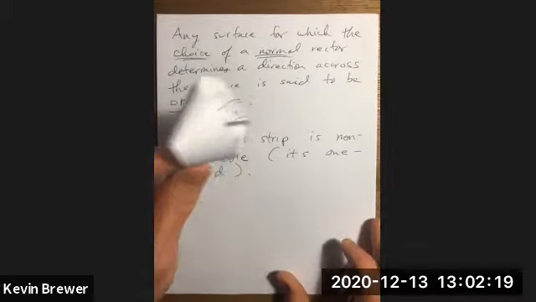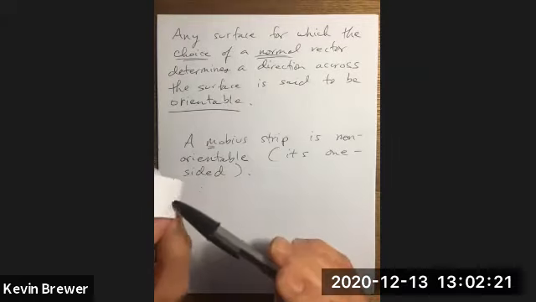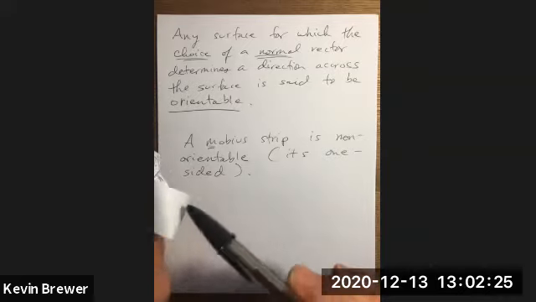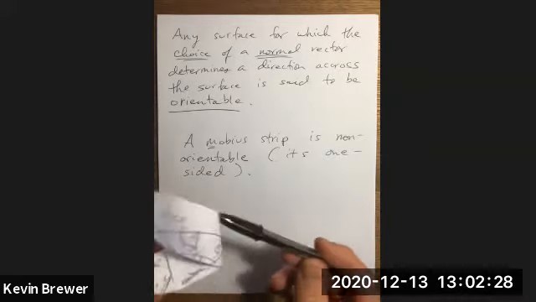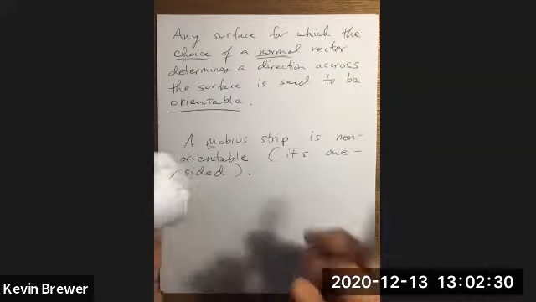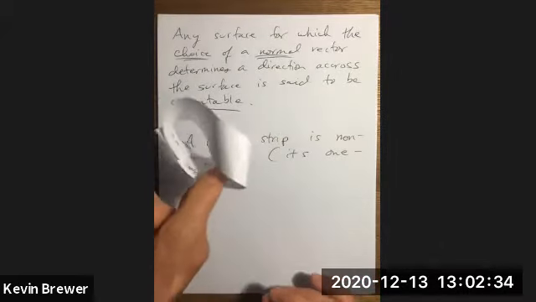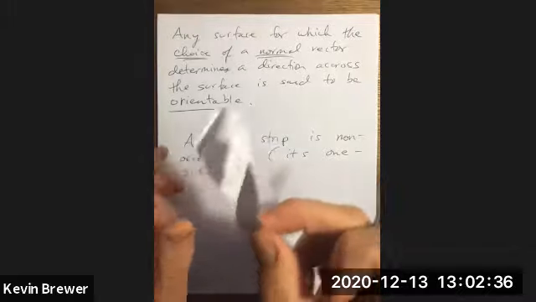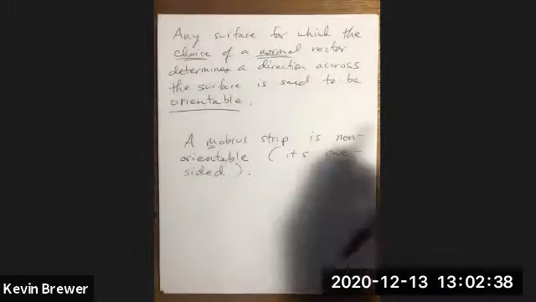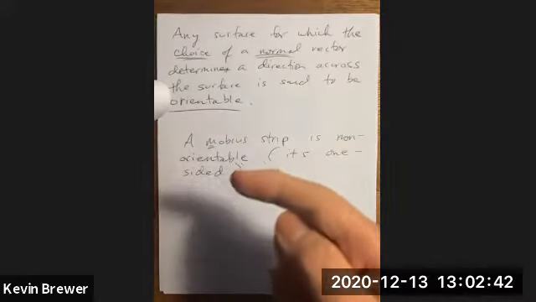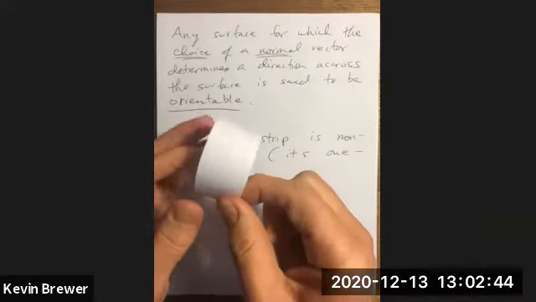It initially looks like it's got two sides, but if you take those sides to be defined by the choice of a normal vector, you can move that normal vector all the way around, and at some point the normal vector ends up on the other side. Another way to say that is you can paint a Mobius strip. You can paint the whole strip and never take the paintbrush off of the strip.